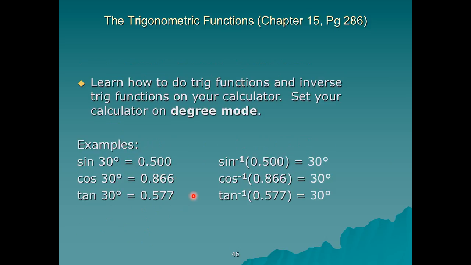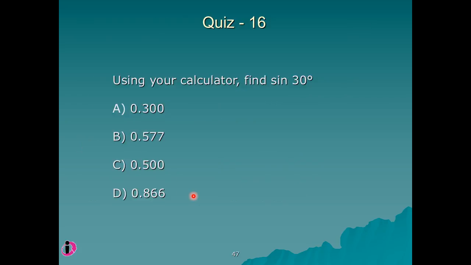This is the important part: make sure our calculator is set to degree mode. When it is set in radian mode, it's still working, but you have to consider the angle in radian. We're probably a little more comfortable with degrees than radians, so we prefer degrees.